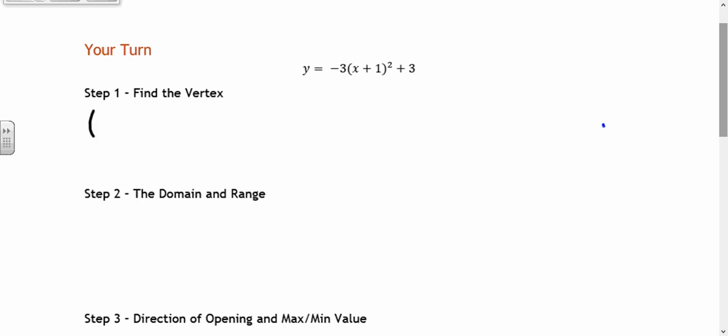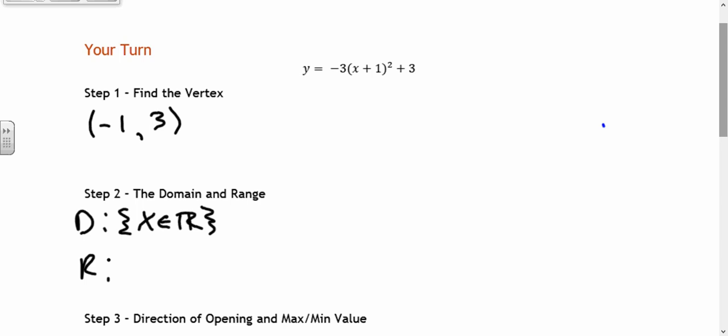So our vertex here is -1, 3. Remember to flip the p-value. The domain is such that x is an element of the real numbers. For the range, we can see that it is going to open down because of the a value, so we know y must be less than or equal to 3, such that y is an element of the real numbers.